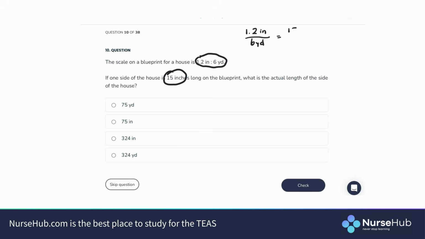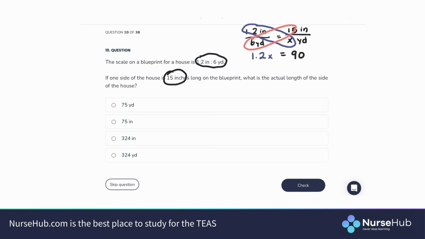So I'm going to keep 15 inches up here, and I'm going to put that over X yards because we do not know how many yards are there. When I have this, I can now cross multiply and solve. So I like to start with the variable to keep it on the left. Just the traditional way of keeping it, 1.2x is equal to, and now we do 6 times 15, which gives us 90.